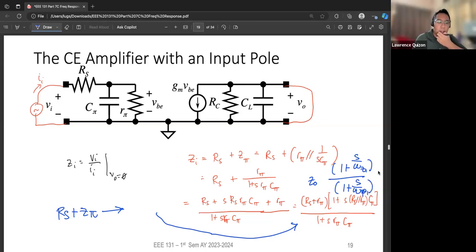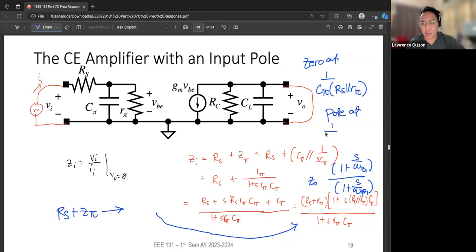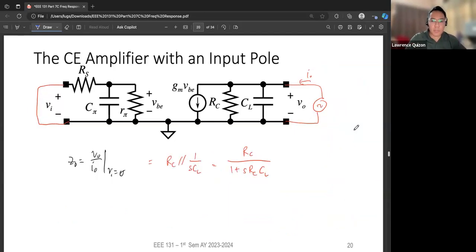It gives us a pole and a 0. So the input impedance turns out to have a 0 at 1 over C pi RS parallel R pi, and the pole at 1 over R pi C pi. So that's interesting. And the output impedance is still the same as the output impedance from the addition of CL. So it's RC over 1 plus SRC CL.